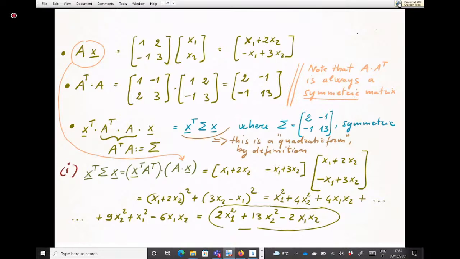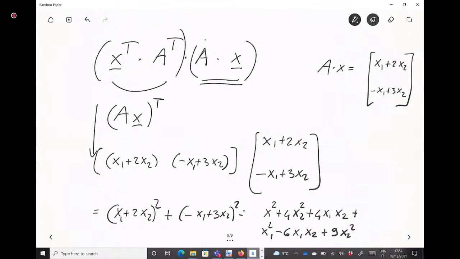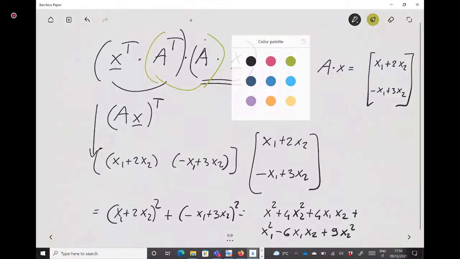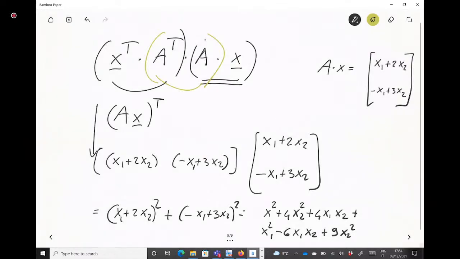Okay, but I want to point out that you can also solve the system by grouping the terms in a different way. X transpose times A transpose times A times X. So if you call this matrix, A transpose times A, D, this will be a symmetric matrix, of course.